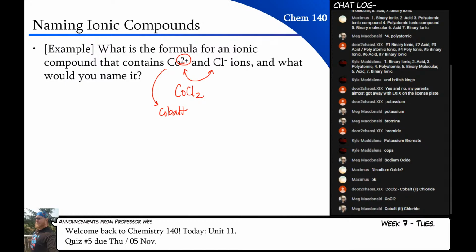So this is cobalt off the periodic table, but because it is not in groups 1 or 2A, nor is it aluminum, we have to include its charge as Roman numerals. So this would be cobalt 2.